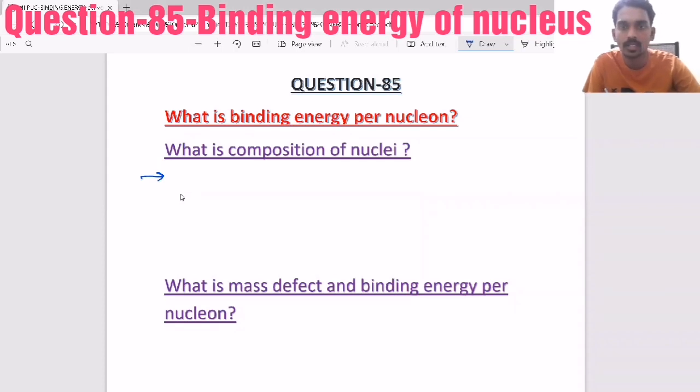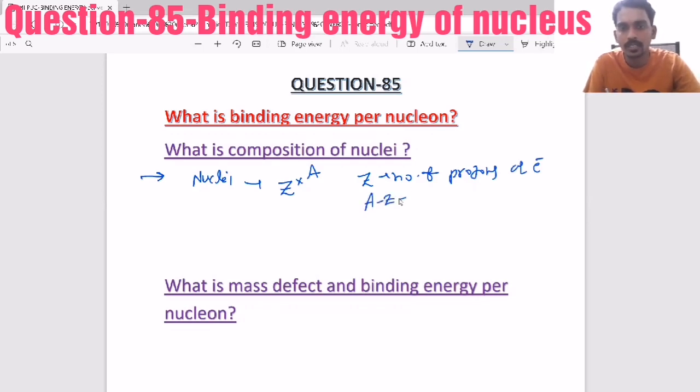Now we are going to study question number 85, that is binding energy per nucleon, or simply binding energy. The very first thing is the composition of nuclei. When you consider the nuclei, the general representation is ZXA, where Z is the number of protons, or electrons also, but we are talking about the nucleus, so protons.